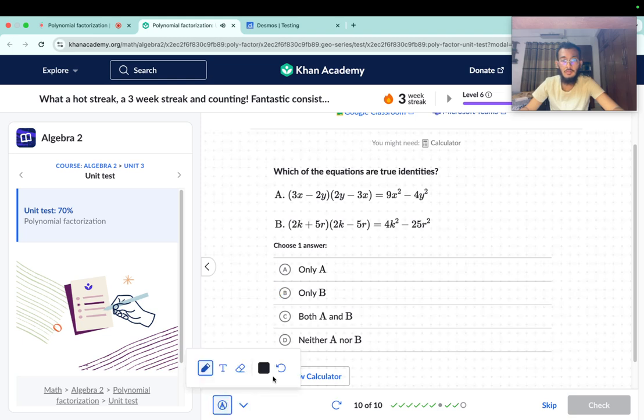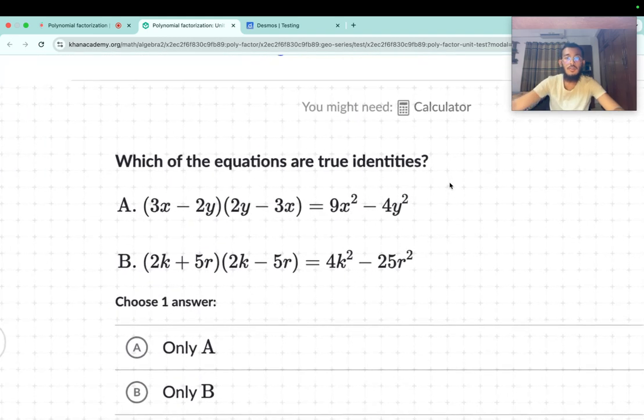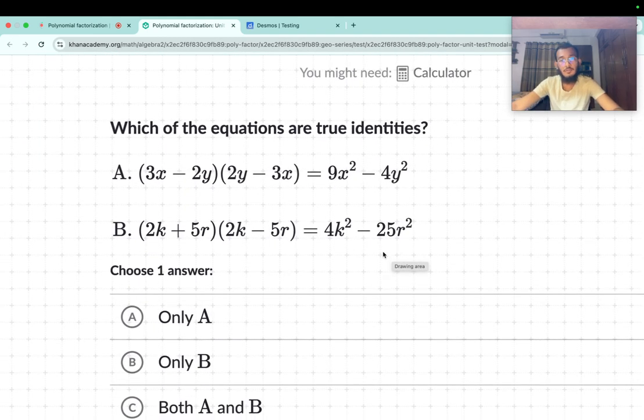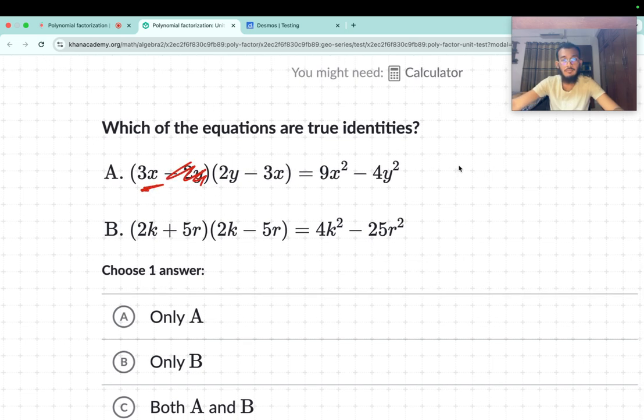And finally, which of these equations are true identities? Well, let's see. If I multiply this thing with everything, I get 6xy negative 9x squared.